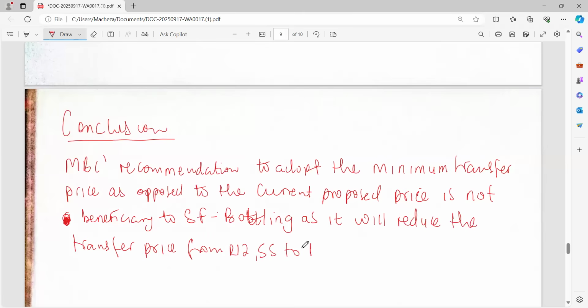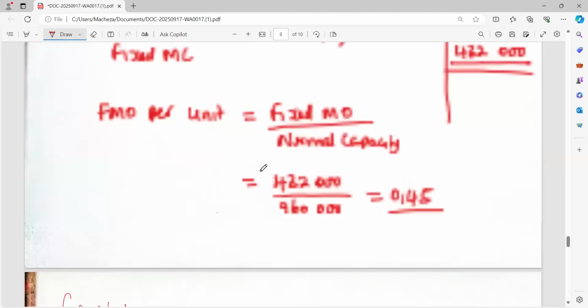From SF Bottling's perspective, they are not going to benefit because they were transferring using this. Now, if you adopt the transfer price, then they are going to be at a loss. So that's how it is.